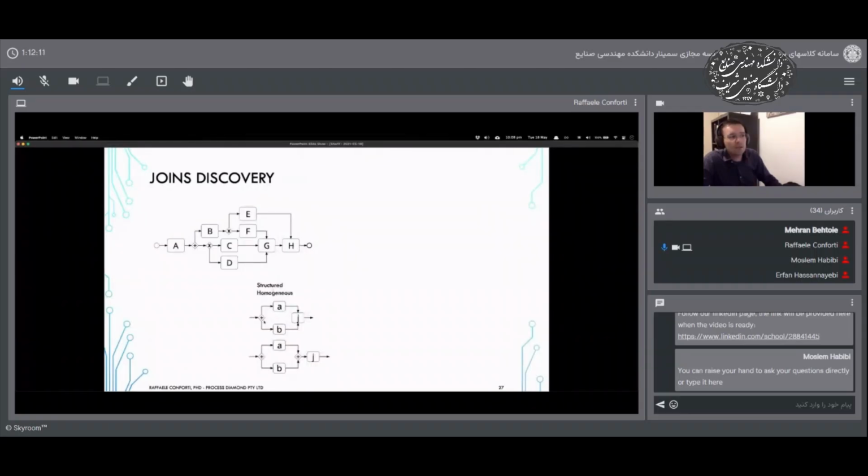Then you say, okay, in this incoming arc, if I go backward, what gateway do I find? I only find one gateway. Perfect. Then I match the join of the same type as the split. If this was an AND split, I introduce an AND join.